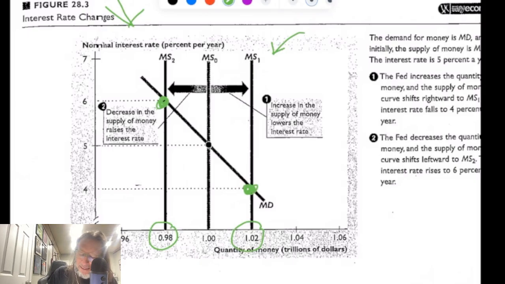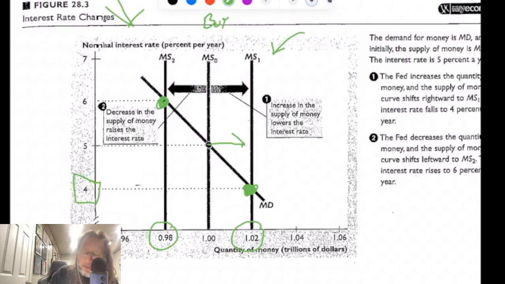Let's say they buy bonds, which will increase the money supply, and that gives us an increase in the money supply, which drops the interest rate down. So the money supply increased, the interest rate decreased.